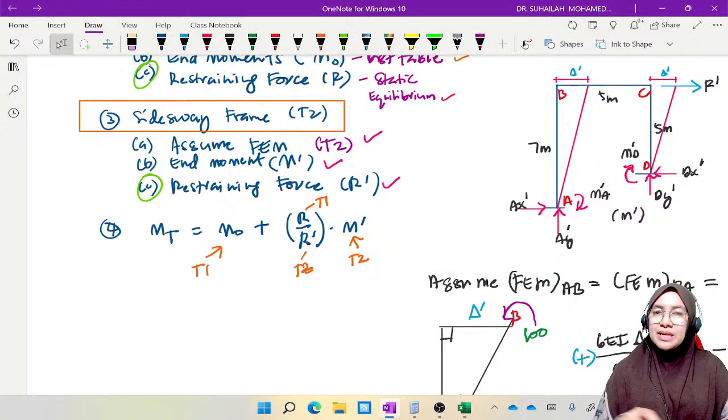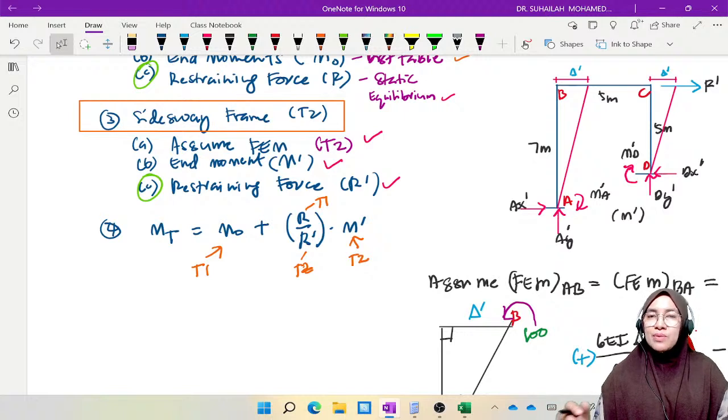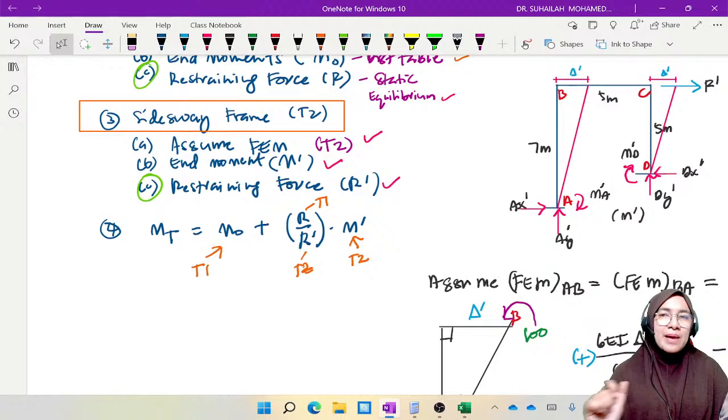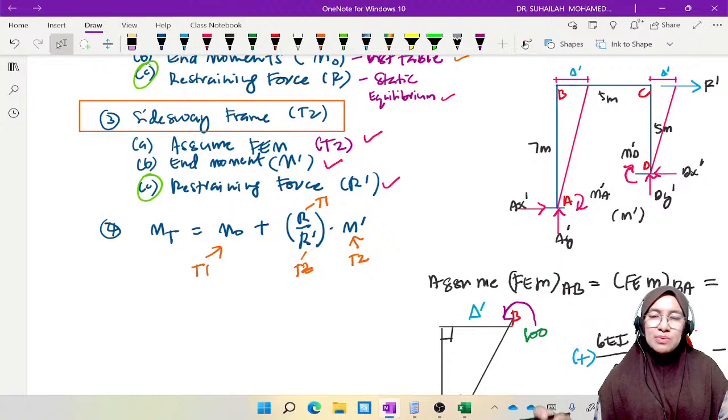Having this, we should continue to calculate M final, maybe in table form so that we can calculate it easily. We just need to set the formula to calculate MT. Once we have got all the values, we can continue to draw the shear force diagram and bending moment diagram.